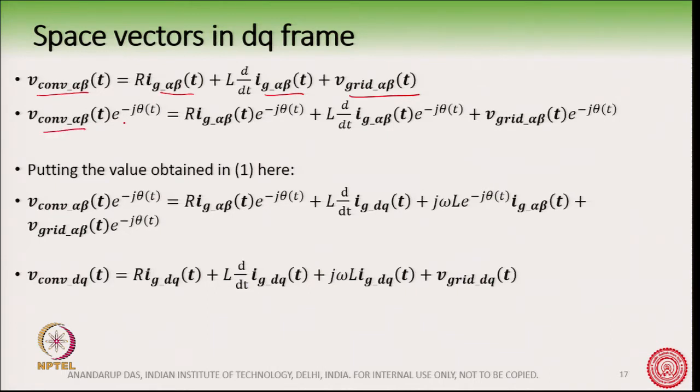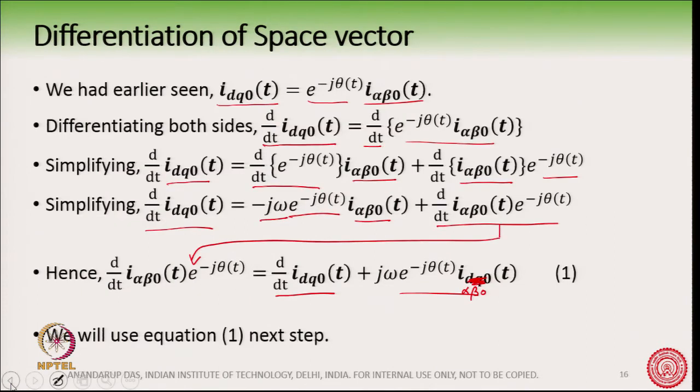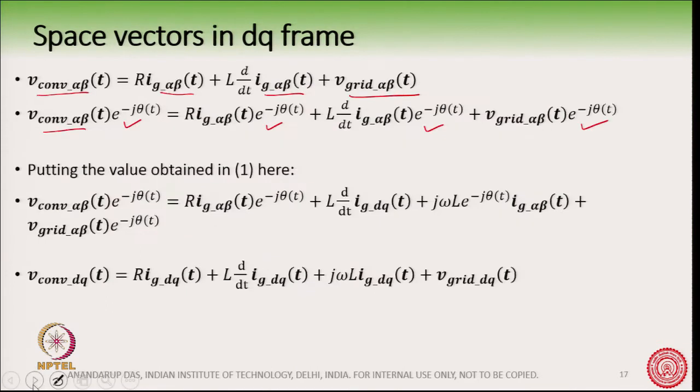Whatever I obtained in equation 1, I will now replace here in this equation. After substitution, you can do it yourself, you will find that such an equation comes up.